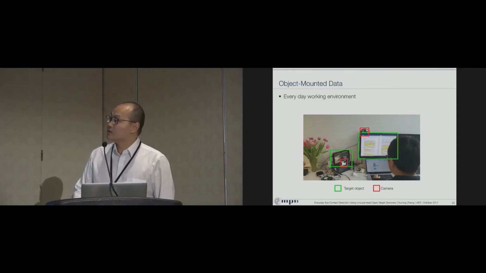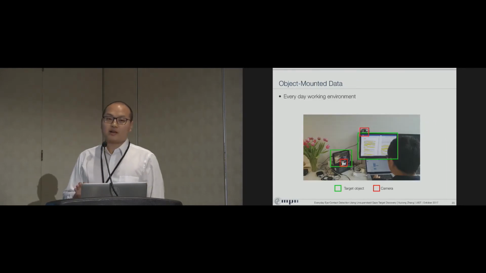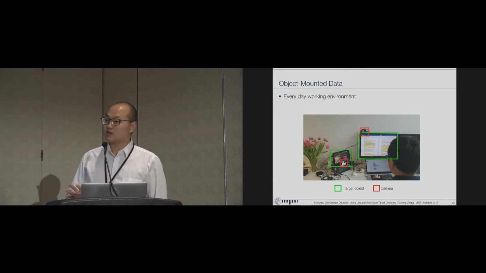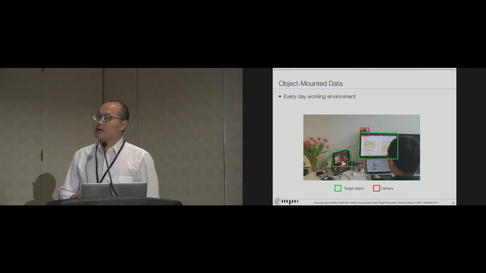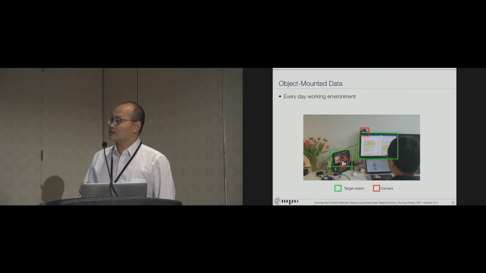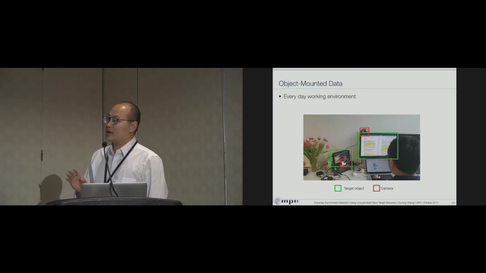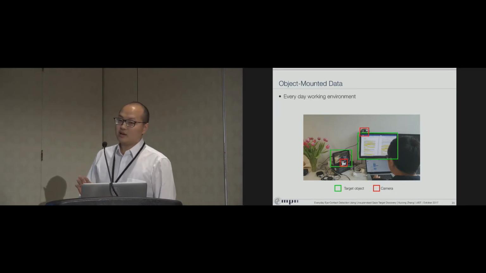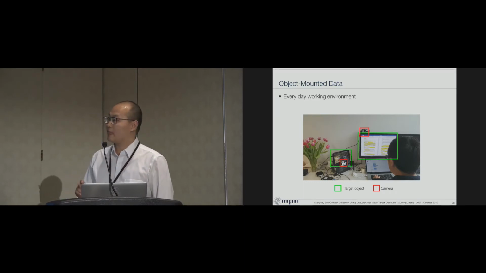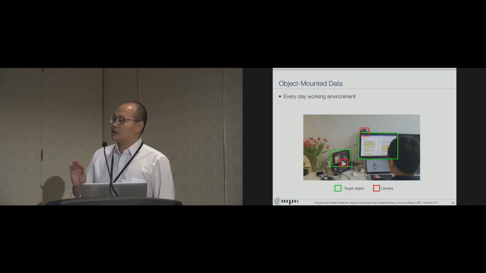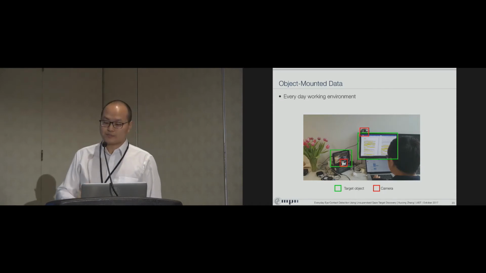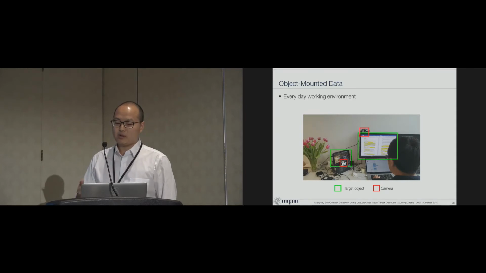To evaluate our method, we collected one data set under a real-world setting. It includes two parts. The first part is object-mounted data, which is recorded in an everyday working environment. We have the target object in front of the user and the corresponding cameras. It was recorded during normal working days, and we collected samples from the interaction between the user and the different objects.